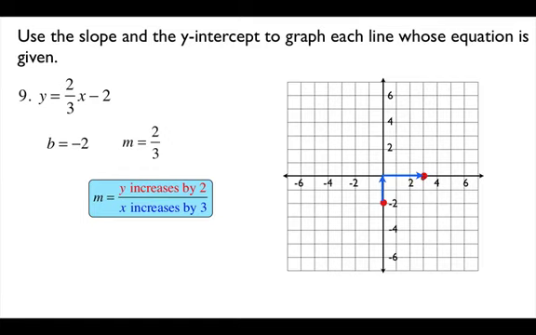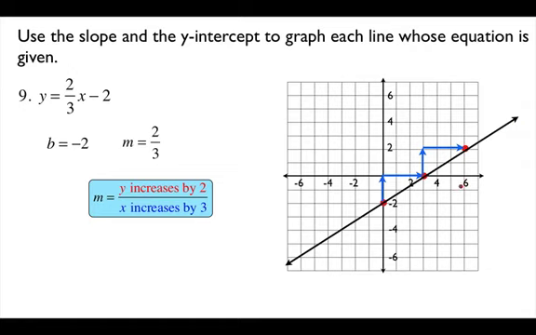From here, I do the same thing. I am going to increase by 2 on the y, increase by 3 on the x, and I have this point. Once I have this information, I'm pretty much done. All I need to do is come up with the graph of the line. Just draw a line through those points, and this is my answer.